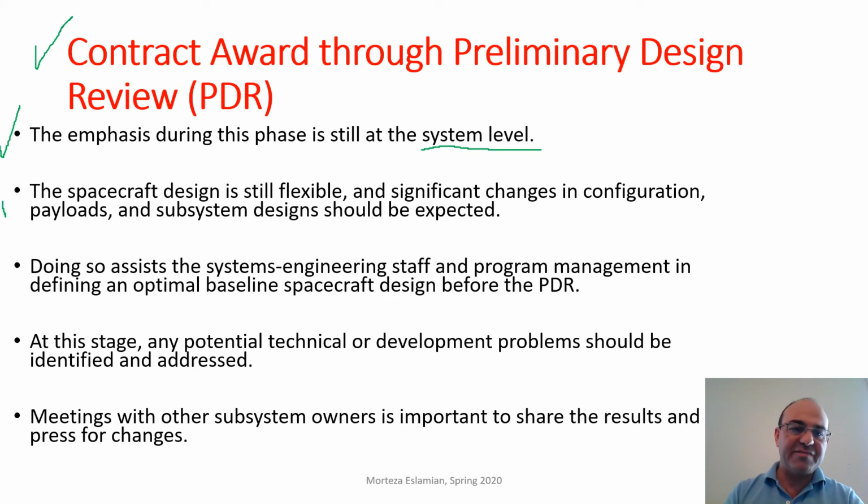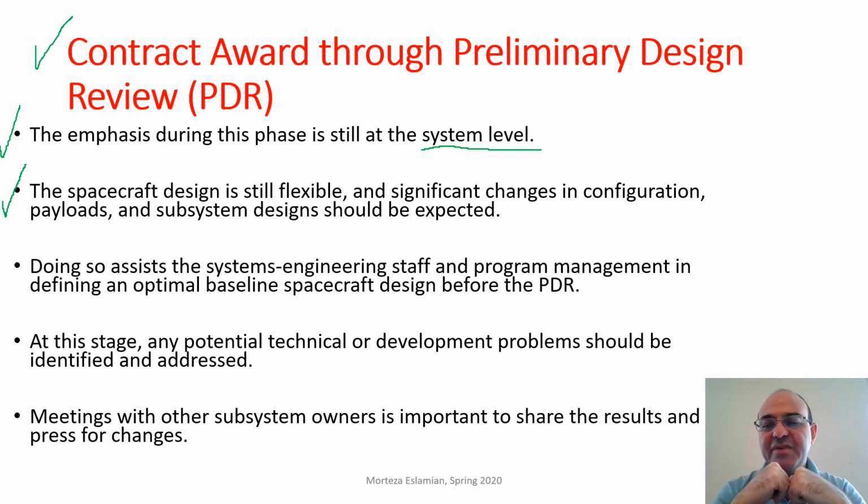So the spacecraft design is still flexible during this phase before the PDR, and significant changes in configuration, payloads, and subsystem design should be expected. So even though the spacecraft shape is known and the different subsystems are known, there is still flexibility in changing all of these subsystems.